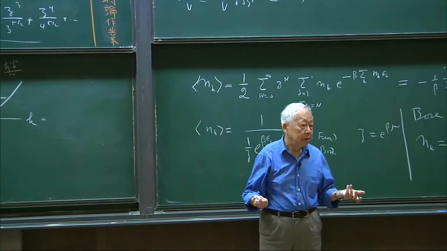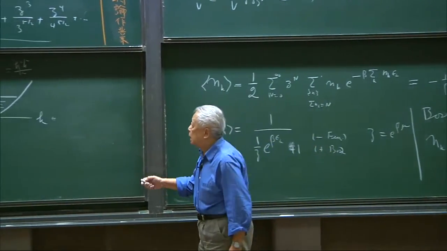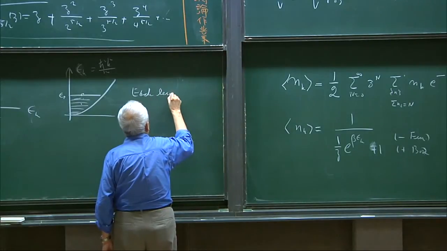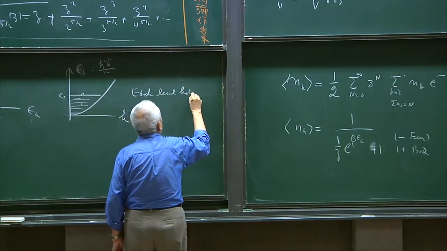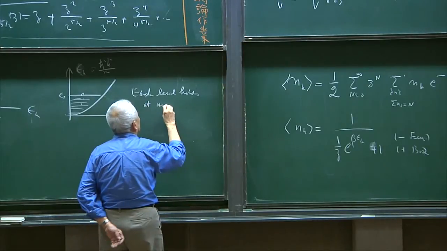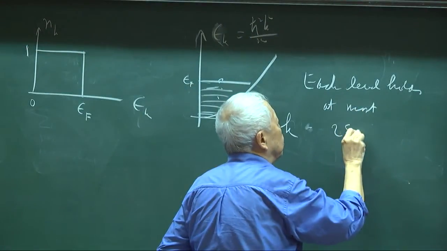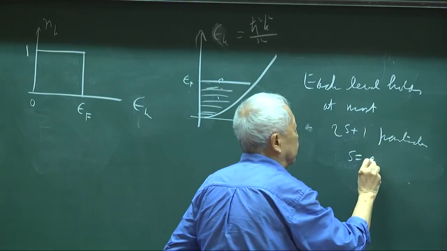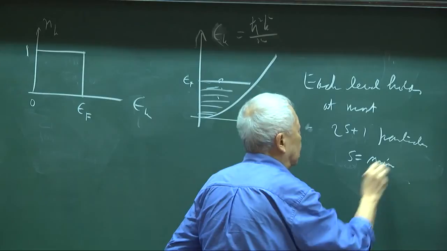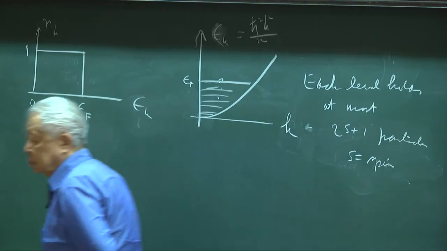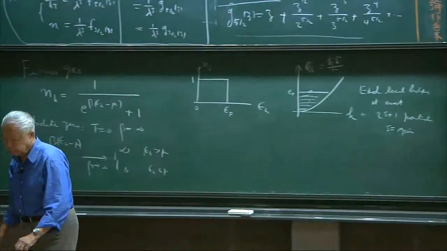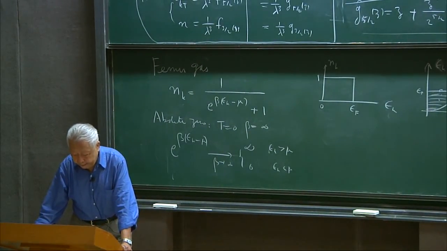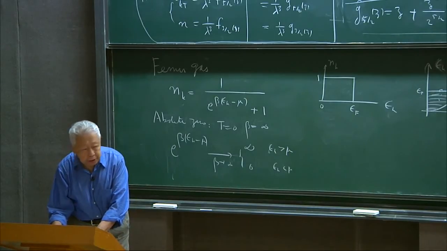So each level holds at most 2s plus 1 particles, where s is the spin. For electrons, each level holds 2 particles. And epsilon_F is called the Fermi energy.